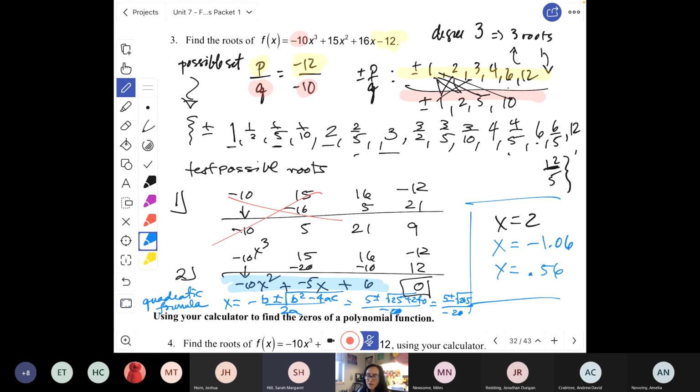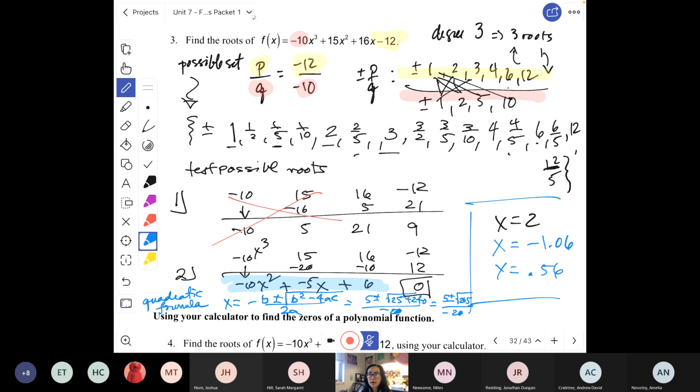Very good. So what we will talk about tomorrow is how we could possibly use the calculator, and you should know this already because we did this for quadratic functions and linear functions, how we would use the calculator to find the roots.